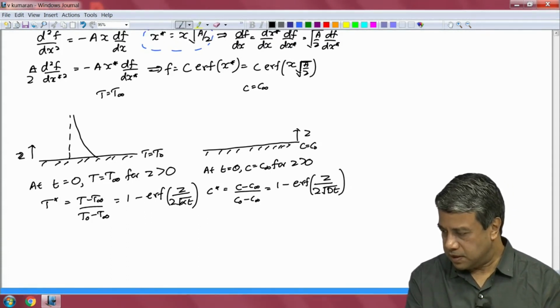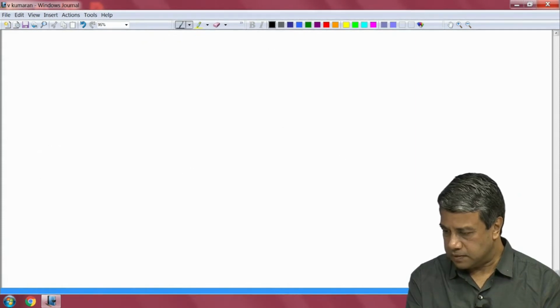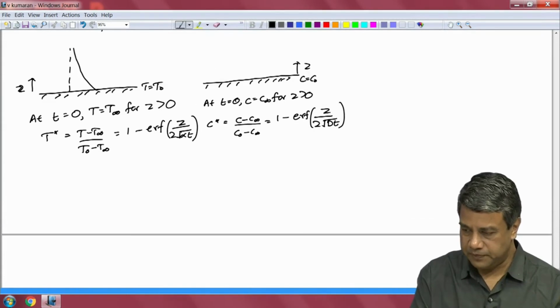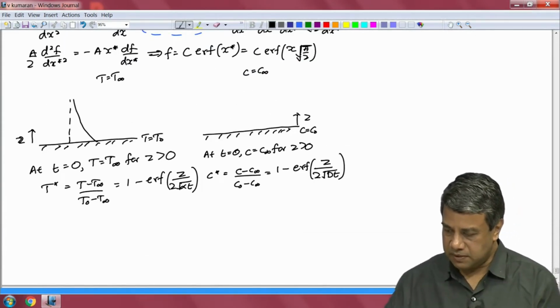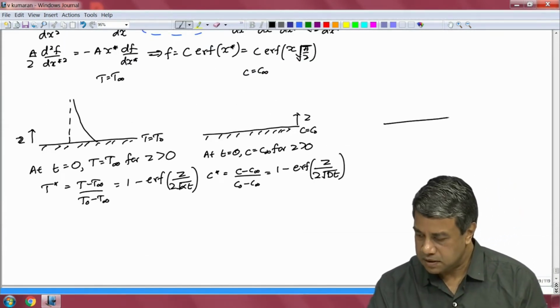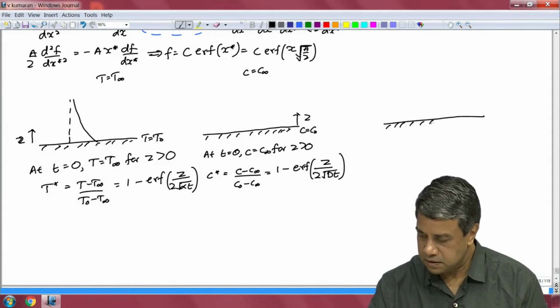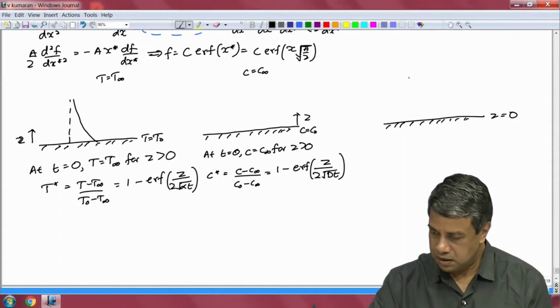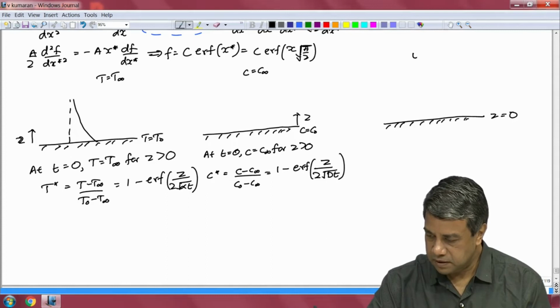The same thing can be done for a momentum transfer problem. In this case, I will have a surface at z is equal to 0, and far away in the fluid, Vx.